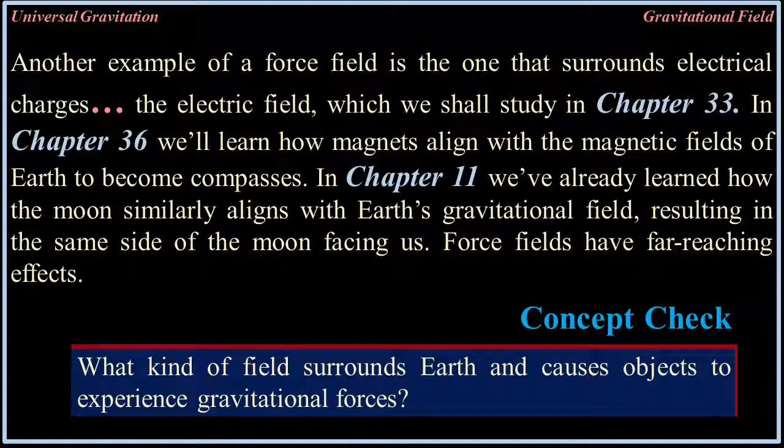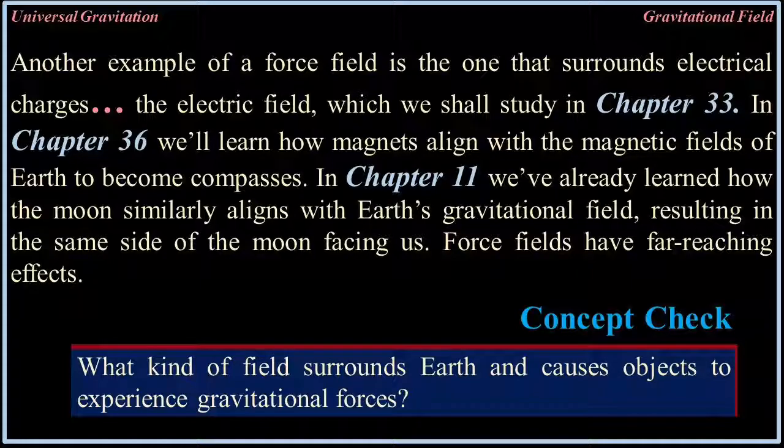An example of a force field is the one that surrounds electrical charges. The electric field, which we shall study in Chapter 33. In Chapter 36, we'll learn how magnets align with the magnetic field of Earth to become compasses.